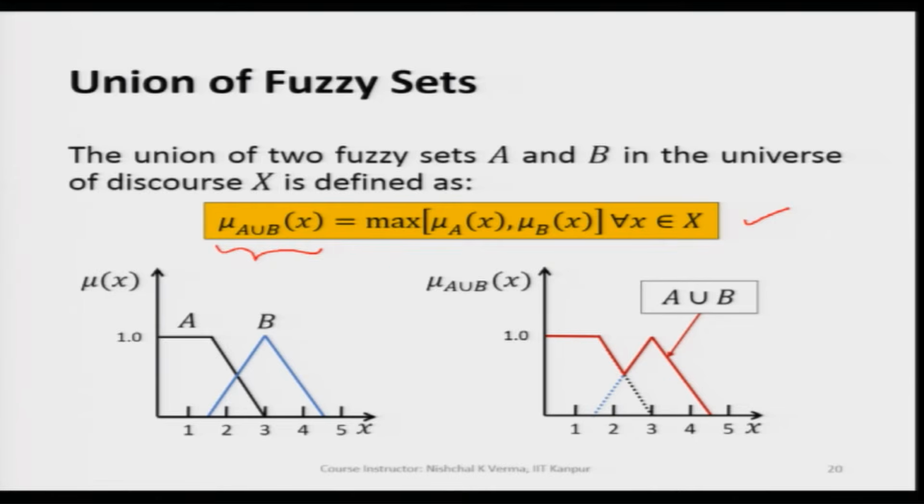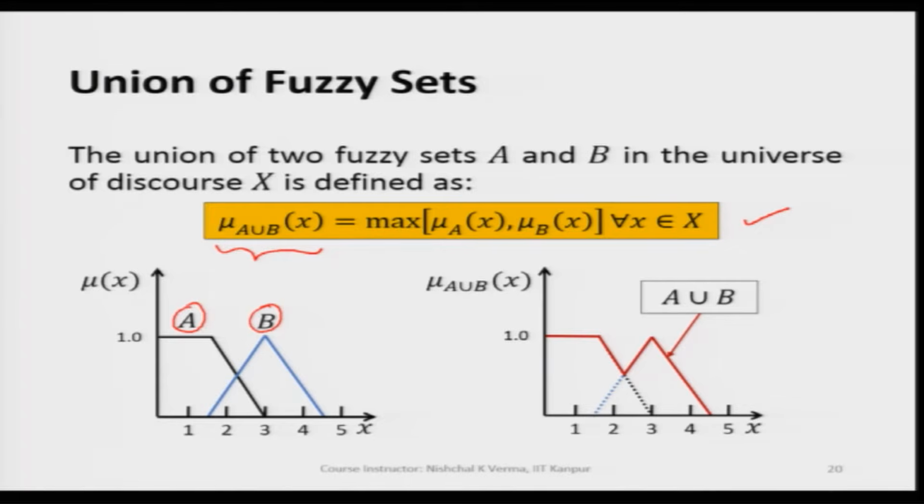This can be clearly understood by two continuous fuzzy sets. Let this be fuzzy set A and this be another fuzzy set B. Let us now find the union of these two fuzzy sets.